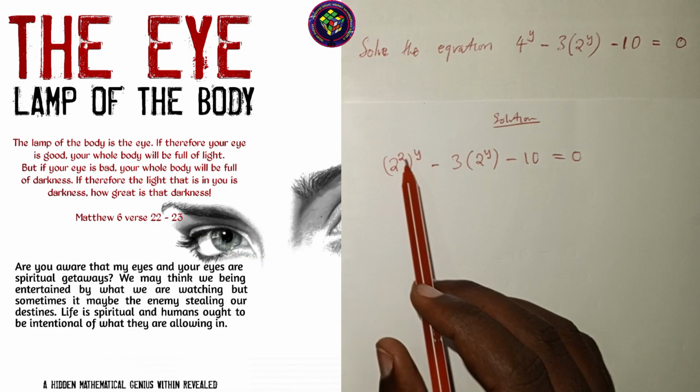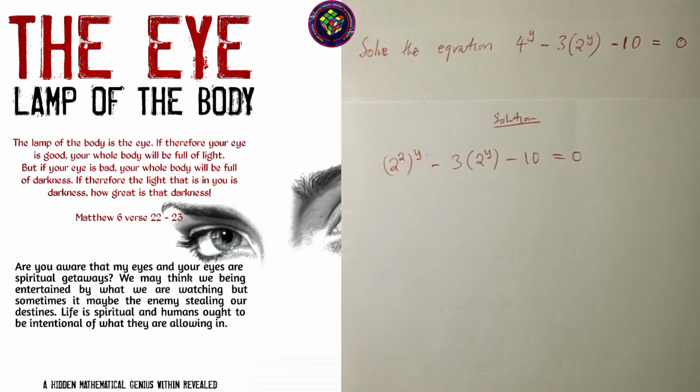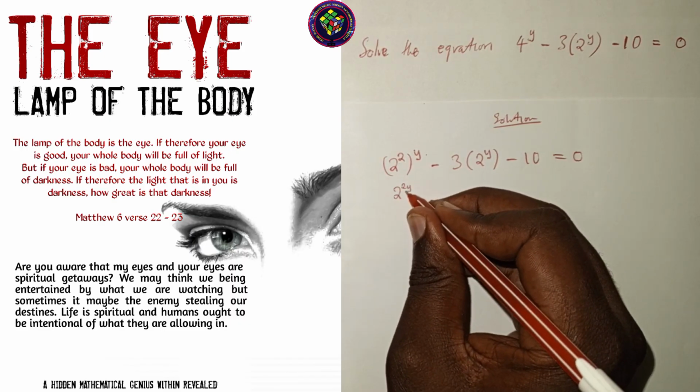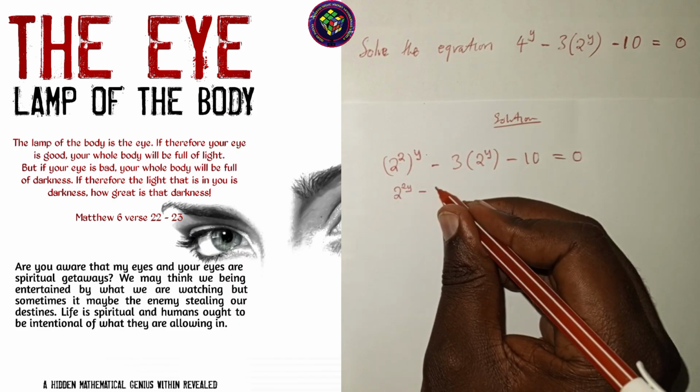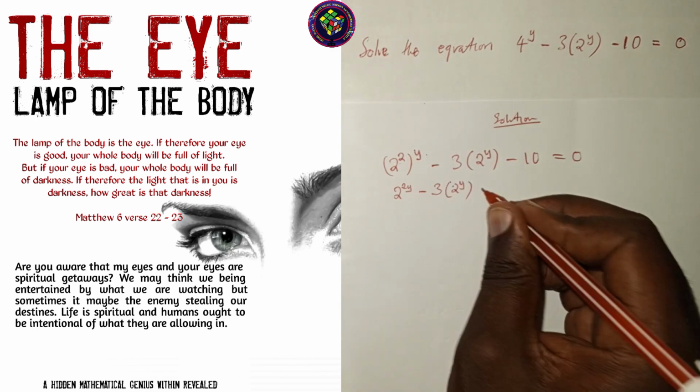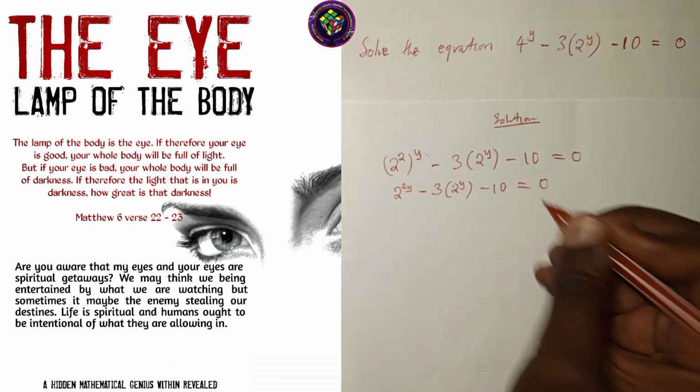Okay, so here we have power of a power, multiply. So 2 times y, you get 2y. So we are going to have 2 to the power 2y minus 3, then in brackets 2 to the power y, and minus 10 is equal to 0.